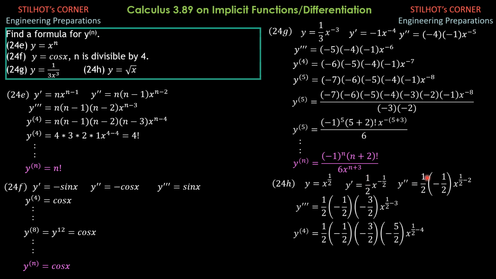If n is 2, there will be 2 terms, like that. So to generalize, the nth derivative is 1 times negative 1 times negative 3, dot, dot, dot. We stop at 3 minus 2n. 3 minus 2n, if you check, 3 minus 2 times 1 is 1. If n is 2, 3 minus 2 times 2 is negative 1. So we also stop at negative 1.